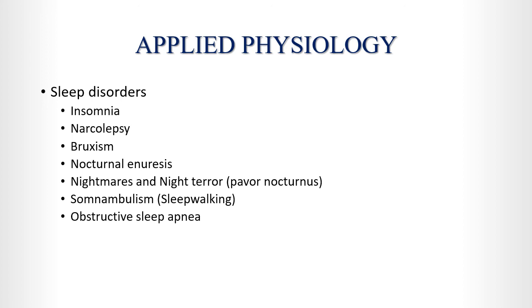After a brief period, apnea will cause arousal from sleep, which will re-establish the airway tone, but this arousal will disturb the sleep, so the person will not be able to sleep properly.